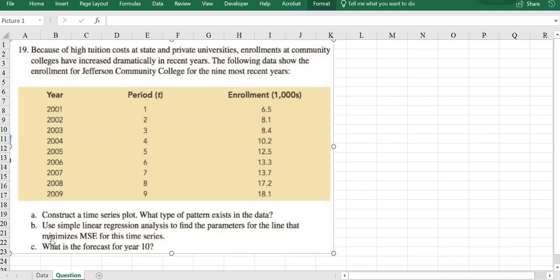So it's exactly the same as minimizing SSE. So this line in part B is basically asking for the trend line equation. And then in part C, we're asked to make a forecast for year 10, for the next year, 2010.